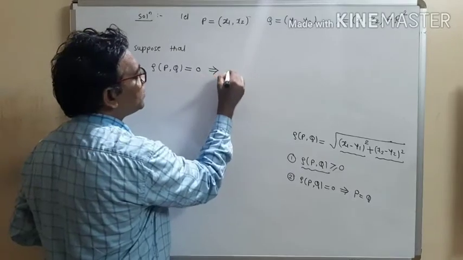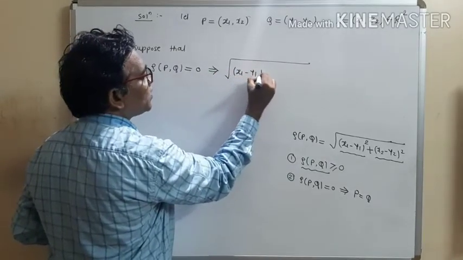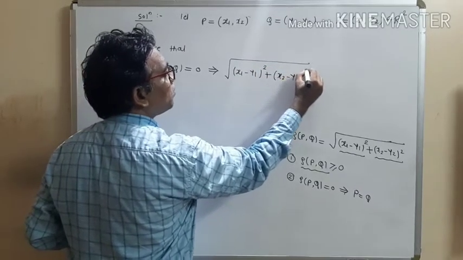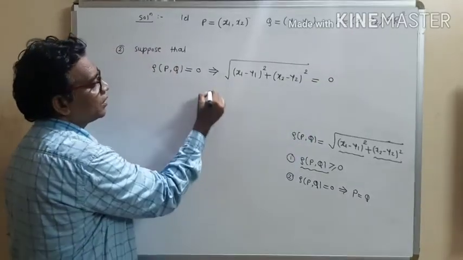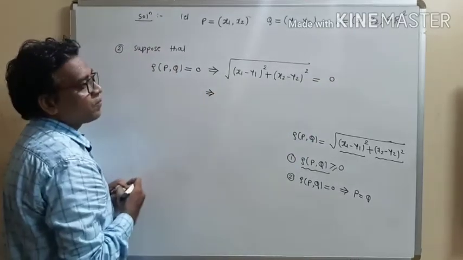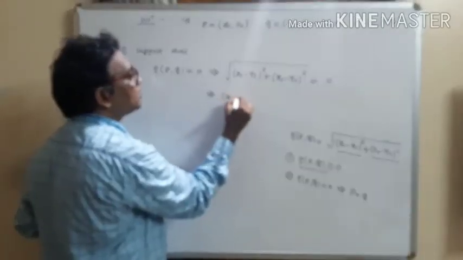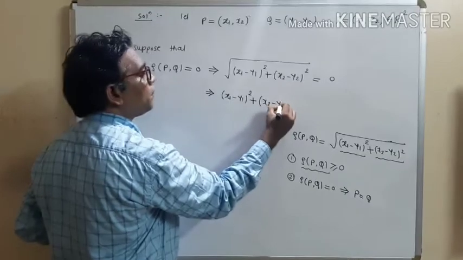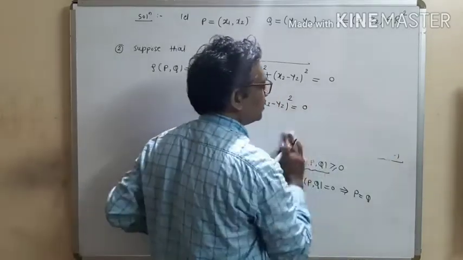Rho of PQ is nothing but under root (x1 minus y1) bracket square plus (x2 minus y2) bracket square, this is equal to 0. This implies, now cancel this square root sign, (x1 minus y1) bracket square plus (x2 minus y2) bracket square is equal to 0.